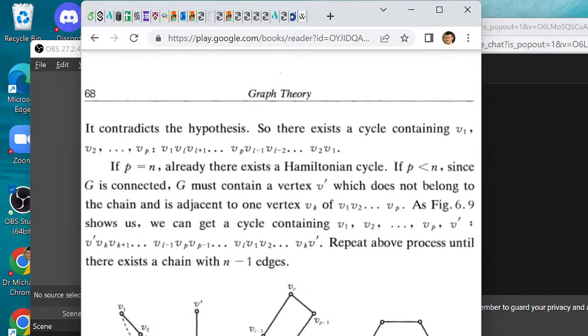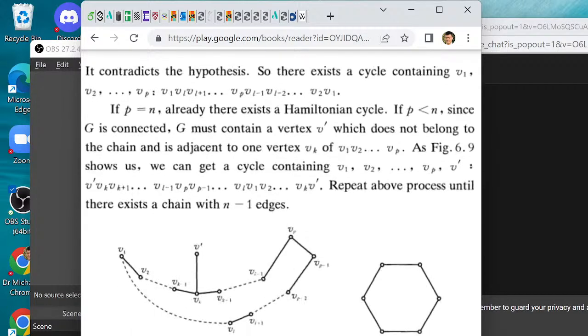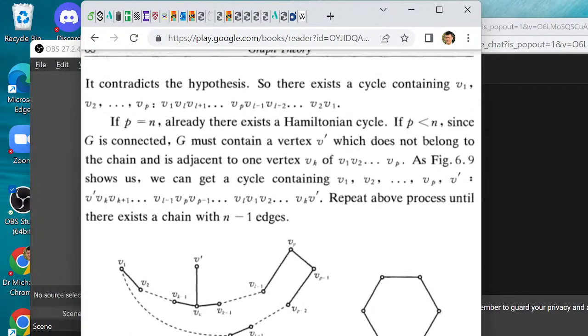So I think we can complete this proof. So we can get a cycle. VK. Yeah, the VK appears twice, that's the thing. Well, that's not what I think.